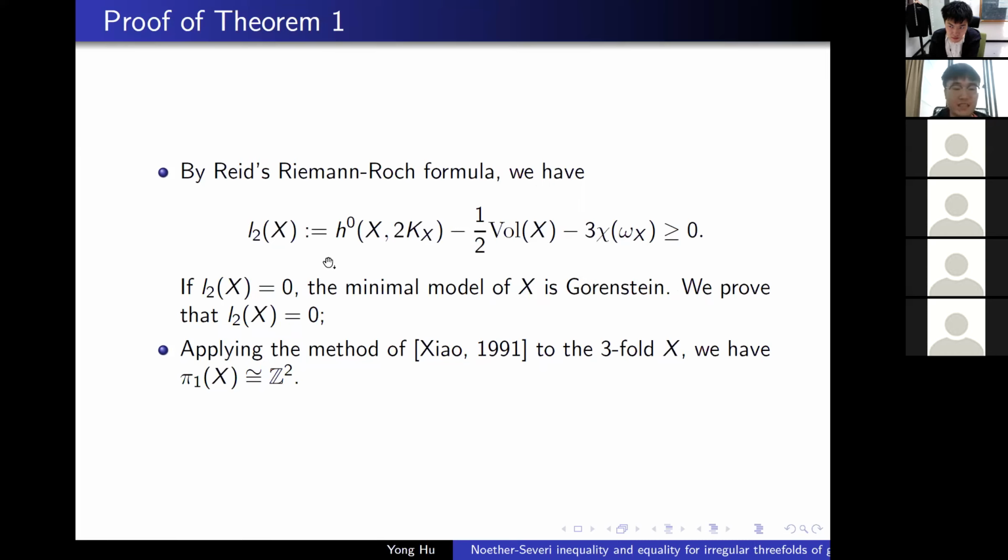By the classification of three-dimensional terminal singularities, we know that this number is larger than or equal to 0. And if this number is equal to 0, the minimal model of X must be Gorenstein. And we prove that this number must be 0.